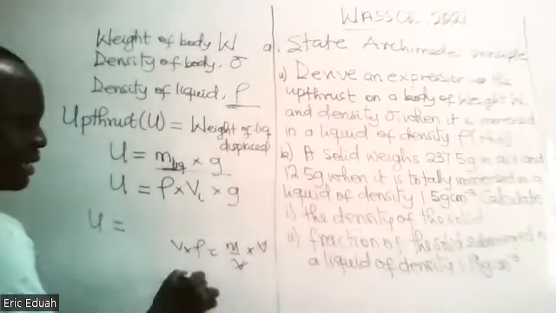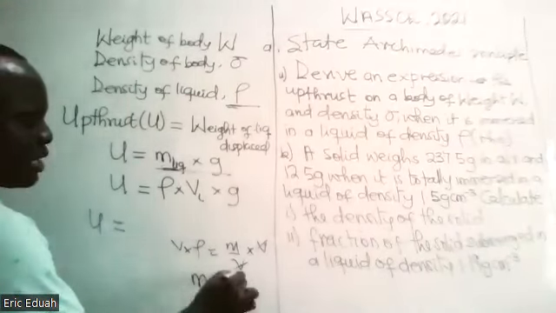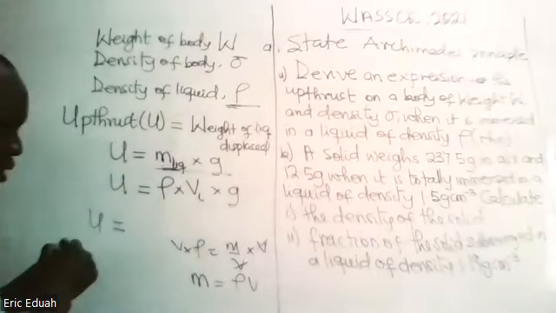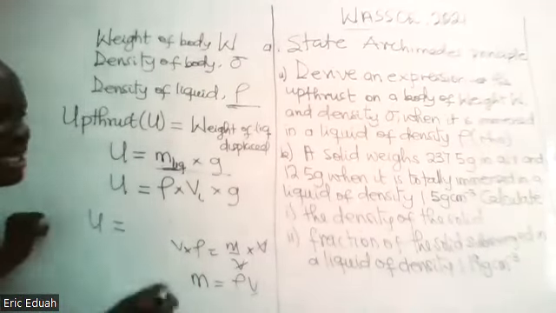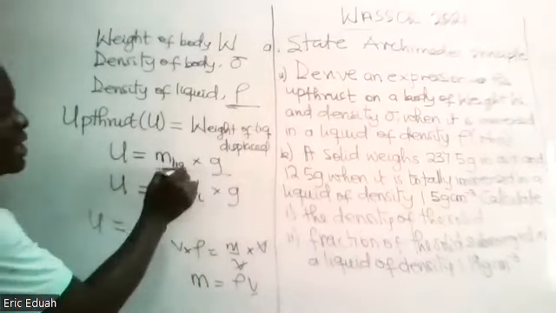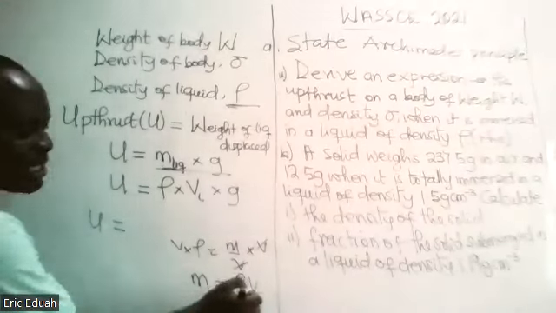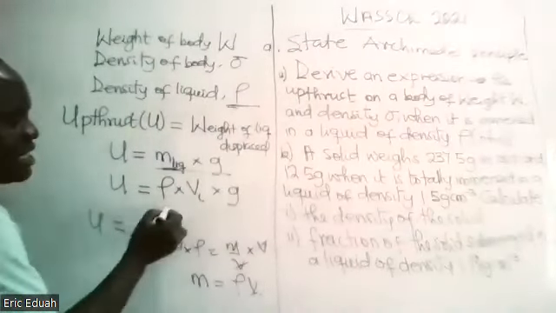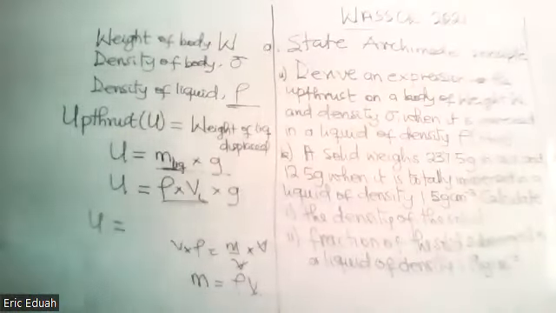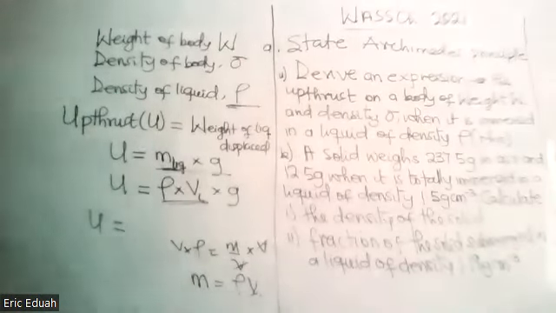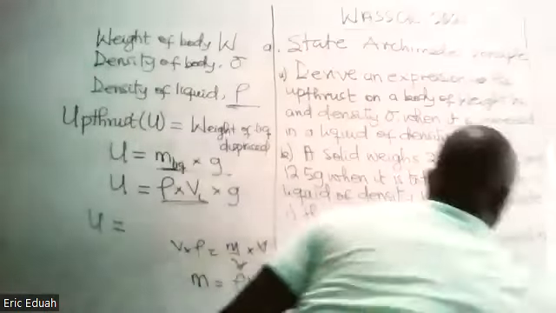Mass is equal to density times volume. So the mass of liquid displaced can also be expressed as the density of the liquid times the volume of the liquid displaced. And that is what I've done here. Are we okay? Yes, please. Good.